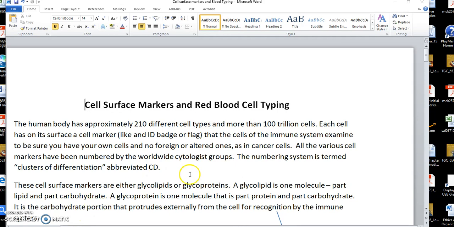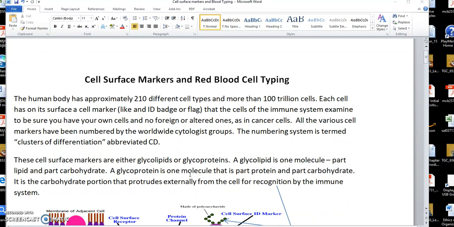The CDs on the cell membrane are primarily glycoproteins or glycolipids. They would be glycocarbohydrates protruding from the cell membrane, either attached to a lipid, glycolipid, or a protein, glycoprotein. But it's really the carbohydrate moiety that your immune system looks at to determine.